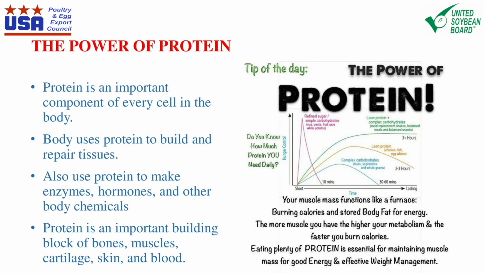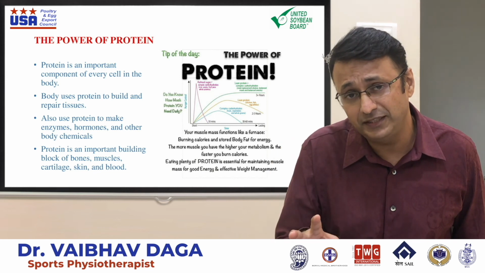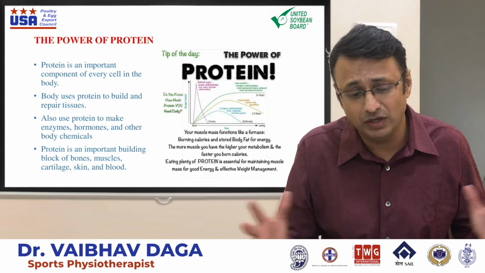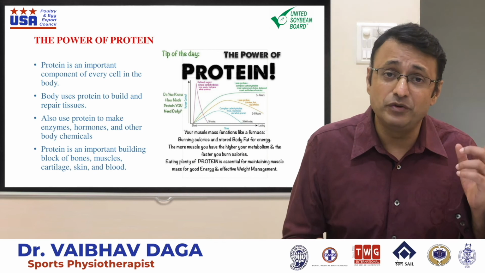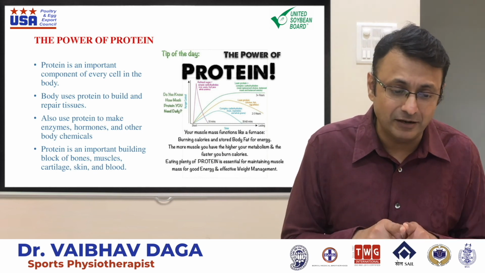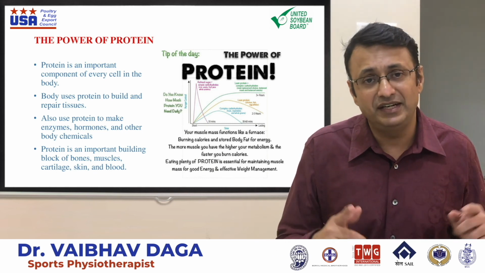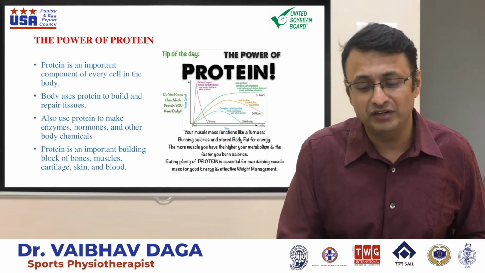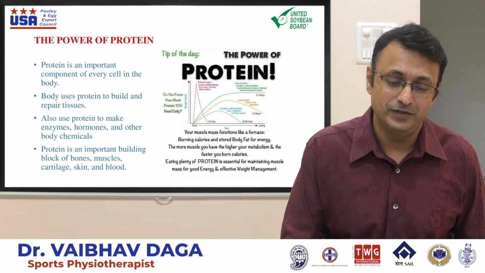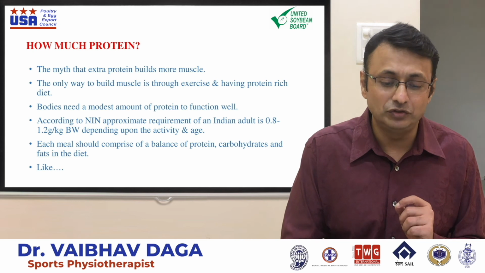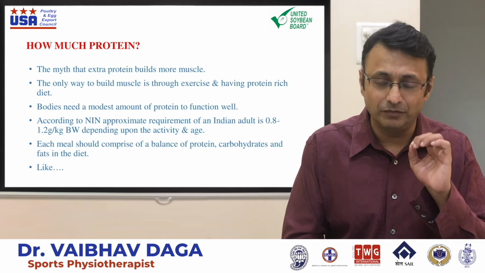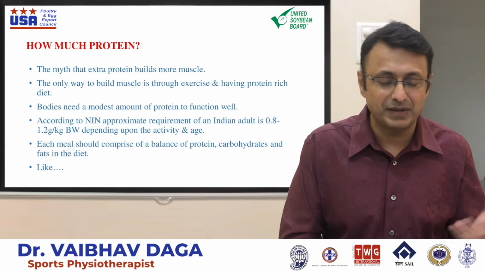Complex carbohydrates probably give you 30 to 60 minutes. Lean protein alone gives you much more, like 2 to 3 hours of energy, so you can last longer. And lastly, if you eat protein plus complex carbohydrates, your energy is going to last much longer, more than 3 hours. So it is very important for building blocks like bones, muscles, cartilage, skin and blood.